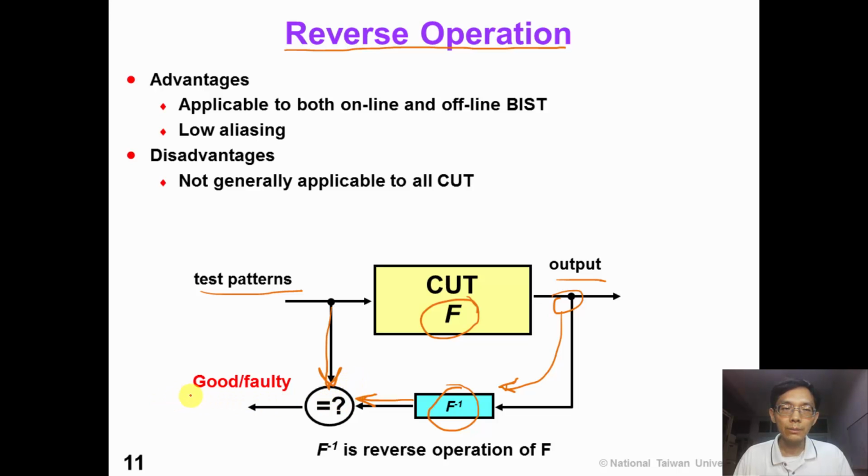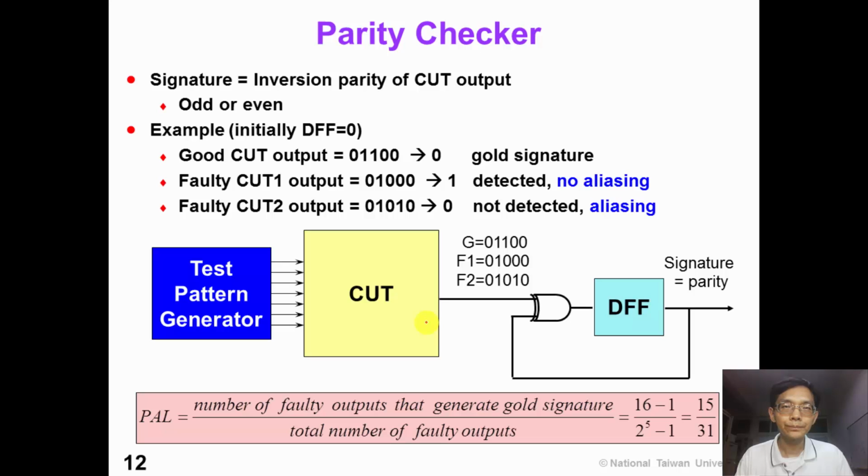If they are the same, the CUT passes the test. If they are not the same, then the circuit is faulty. This idea is good for both online and offline BIST, and the aliasing probability can be low. However, we may not be able to find the inverse function f-1, so this idea is not generally applicable to all CUTs.